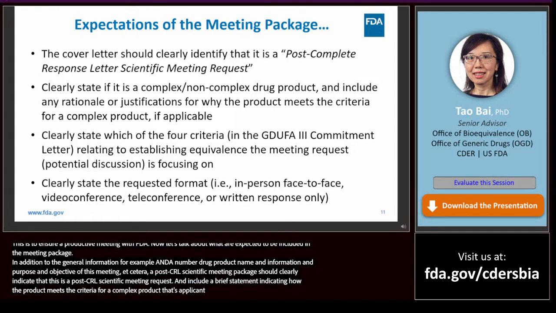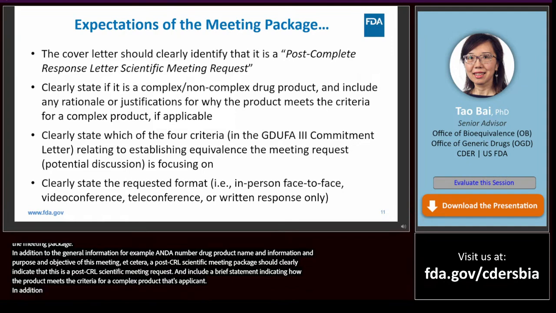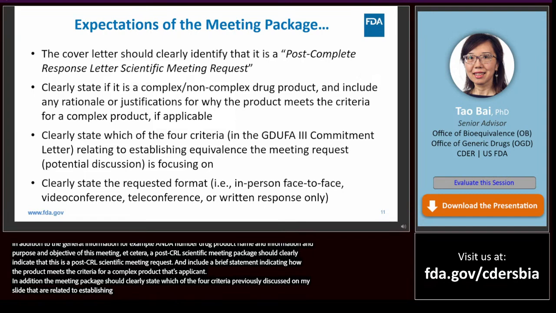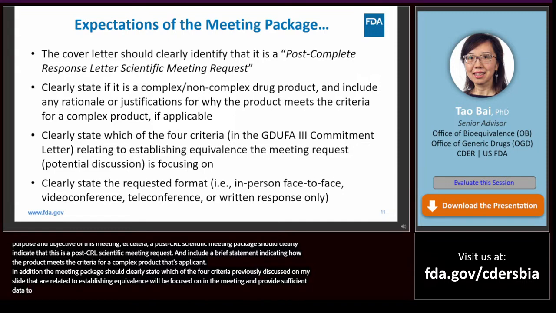In addition, the meeting package should clearly state which of the 4 criteria previously discussed on my slide that are related to establishing equivalence will be focused on in the meeting, and provide sufficient data to support the discussion. Also, the applicant should clearly state the requested format, as I mentioned in the previous slide.